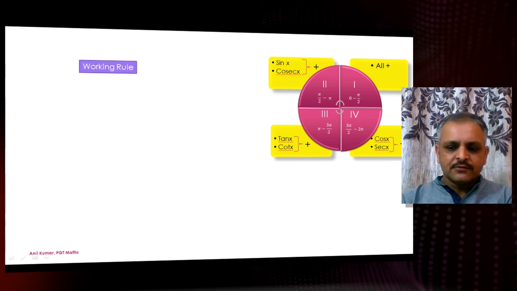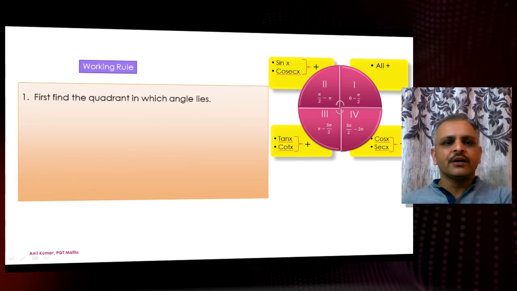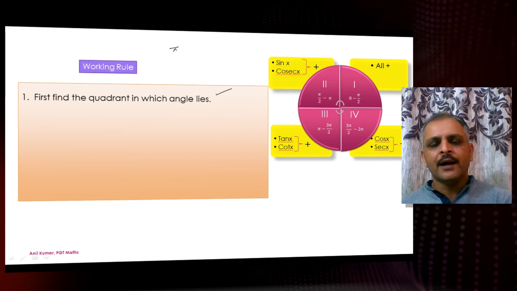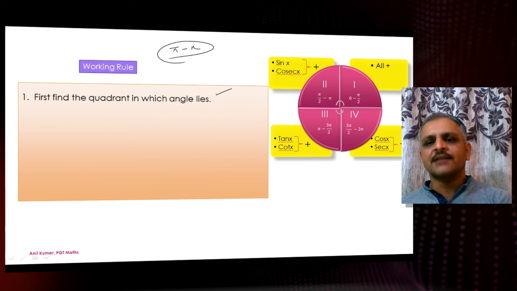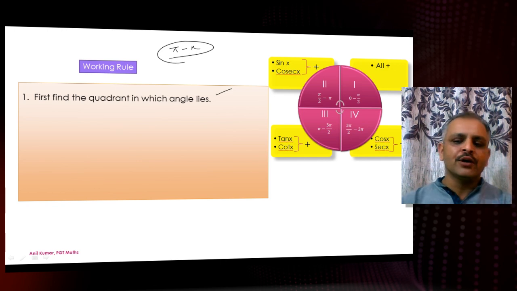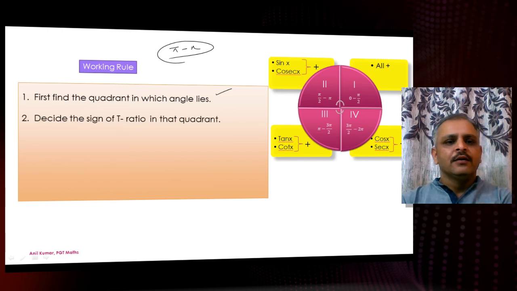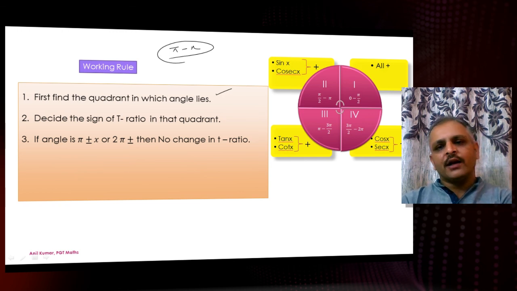Let's summarize this video. What should be our working rule? First, find the quadrant in which the angle lies, whether it is in the first quadrant, second quadrant, third quadrant, or fourth quadrant. For example, if I am saying pi minus x, it will be in the second quadrant. Then according to the second quadrant, we will decide whether it will be positive or negative.